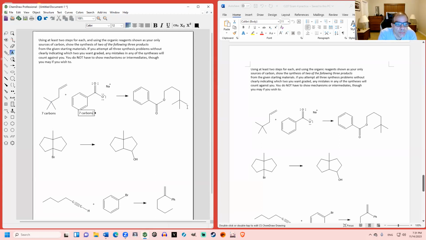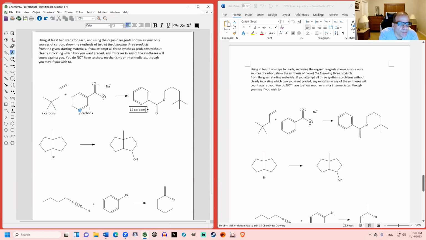And then the product has 1, 2, 3, 4, 5, 6, 7, and then 6 more. Wait a minute, it can't be 13. Am I counting right? 3, 4, 5, 6, 7, 8, and 6 more makes 14. Good, okay. So this has 14 carbons.